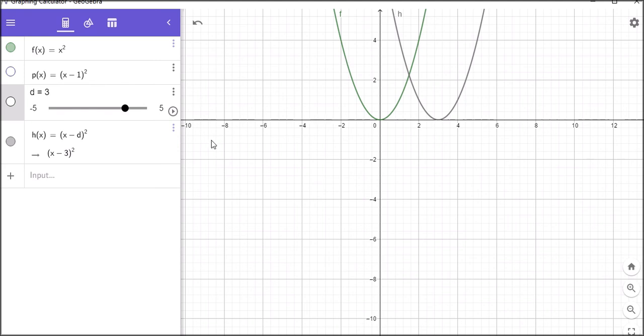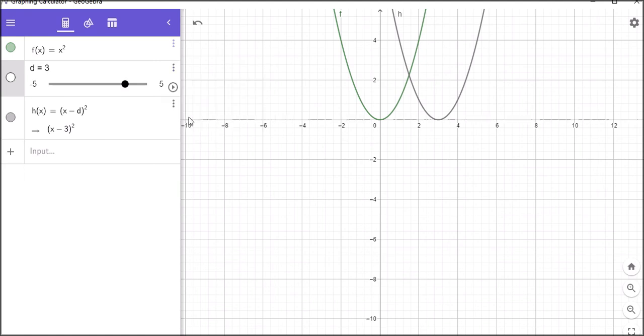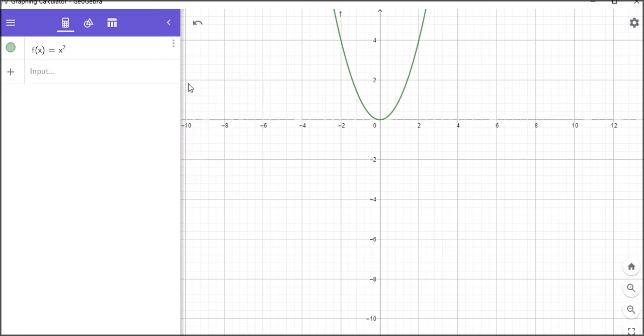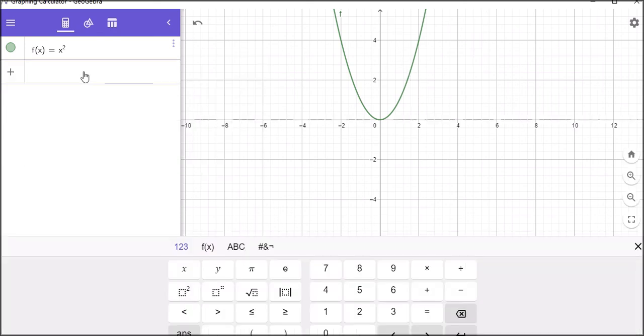Okay, and next we're going to change c. So I want to delete that, and we're going to input another function like x squared plus 2 here.